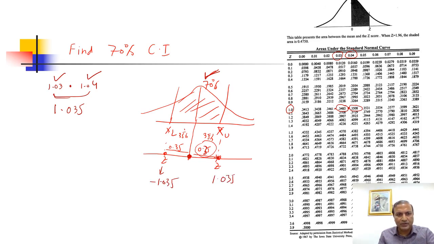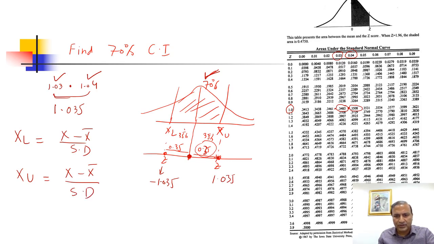And now you can use the XL formula, and then you can use the X upper value, same formula. Okay, so here we have to find these two numbers. This is XL and this is XU. This is 74.4. This is 74.4. This is 6.